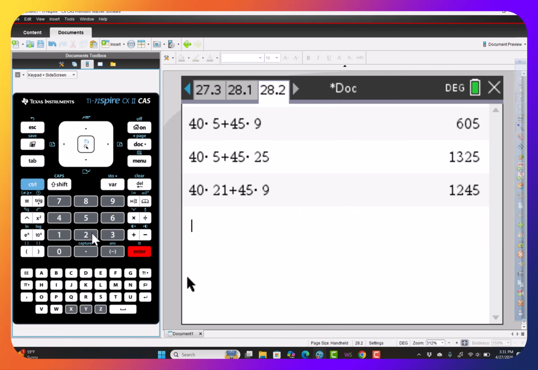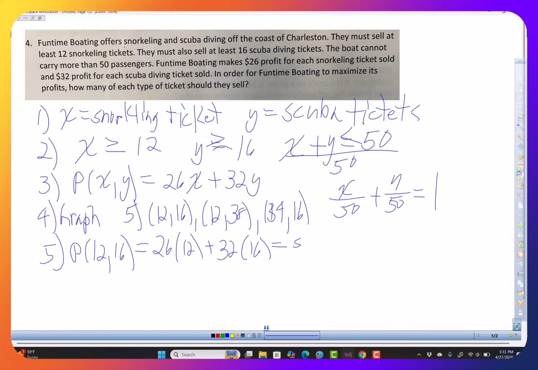Use the calculator. 26 times 12 plus 32 times 16, so 824.